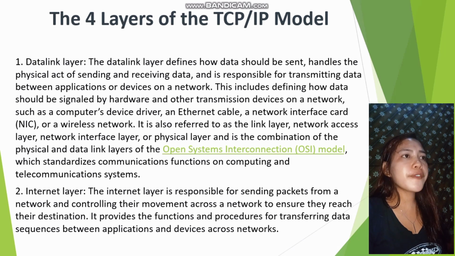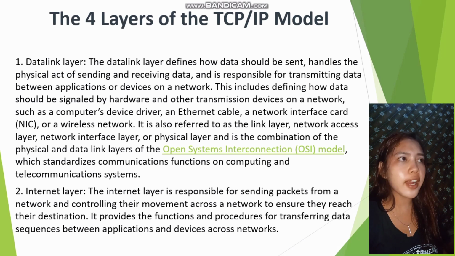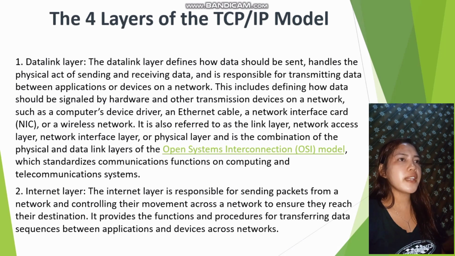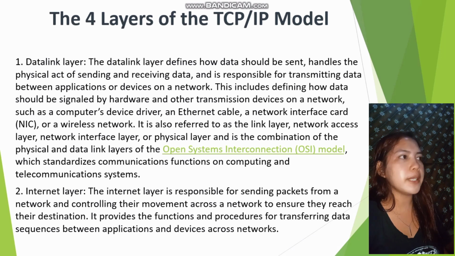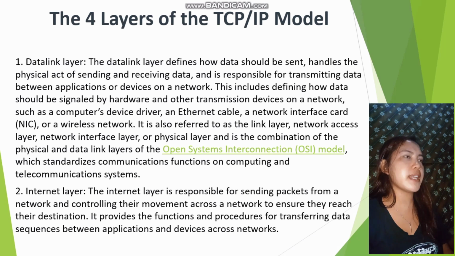It is also referred to as the link layer, network access layer, network interface layer, or physical layer, and is the combination of the physical and data link layers of the Open Systems Interconnection or OSI model, which standardizes communications functions on computing and telecommunications systems.